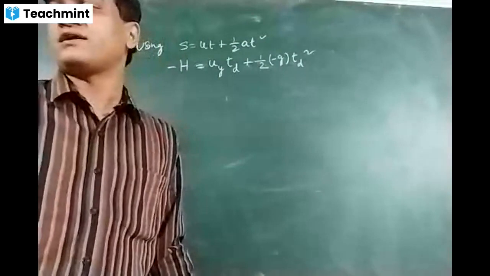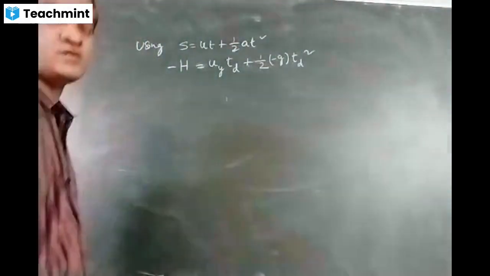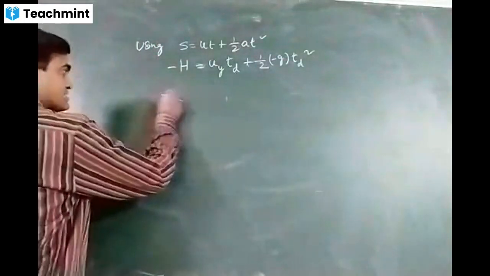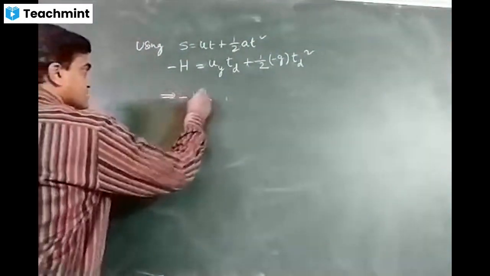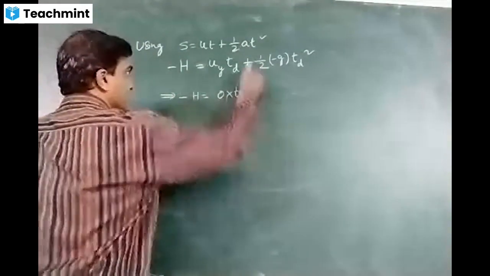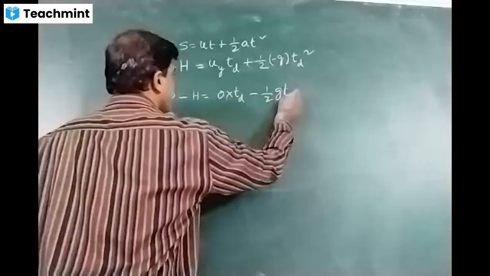So initial velocity uy becomes 0. So I can write like this: minus h is equal to 0 into td plus minus half g td square.